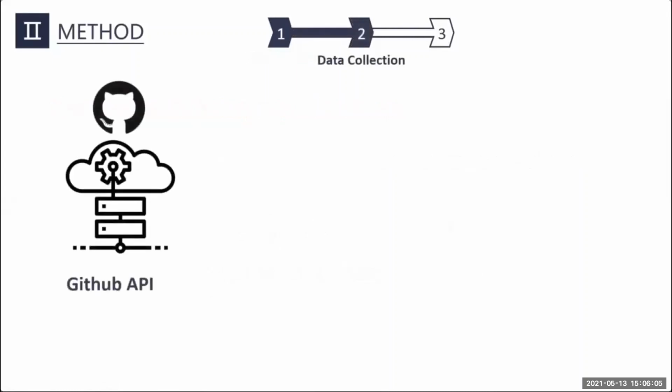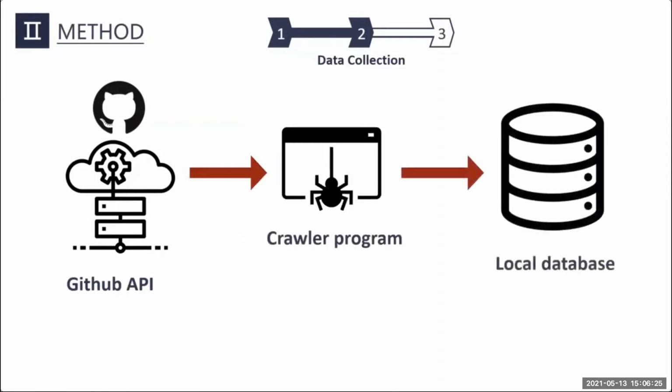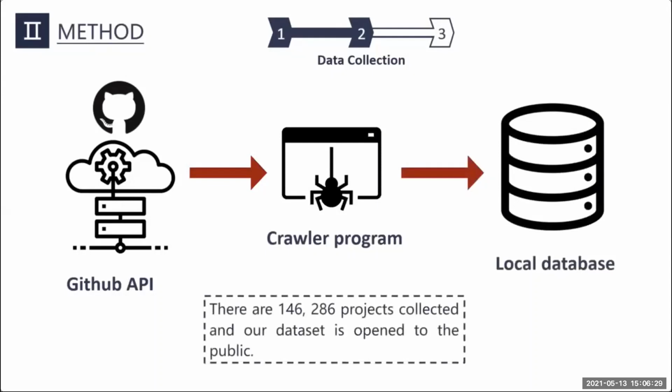After formally defining what a project impact is, the second step is to collect enough GitHub projects to do the data analysis. We followed the standard approach to collect GitHub projects with the GitHub API, and we collected in total 148,000 projects. Since there were, I think, more than 148 million projects in GitHub during the time we were collecting data, we were unable to collect all of them.